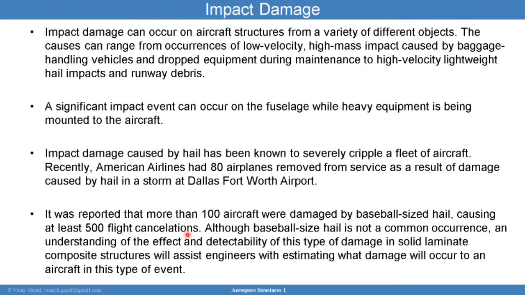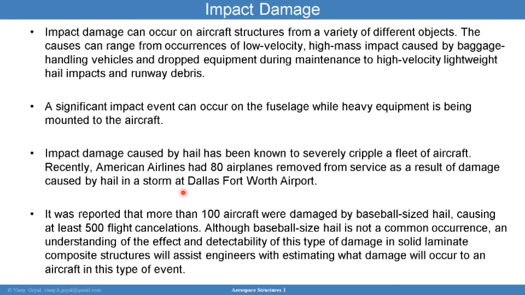Impact damage can occur on aircraft structure from a variety of different objects. And I already went through that. The range, in summary, can be from low velocity, high mass impact caused by baggage handling vehicles and dropped equipment during maintenance, to high velocity, lightweight hail impact and runway debris.